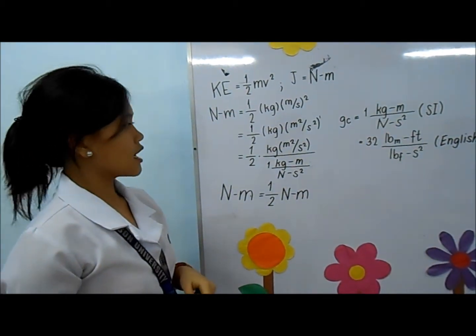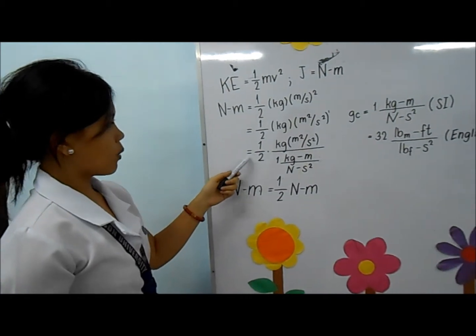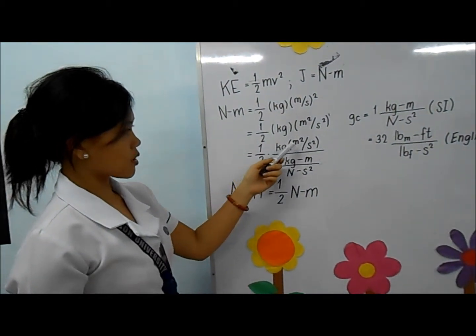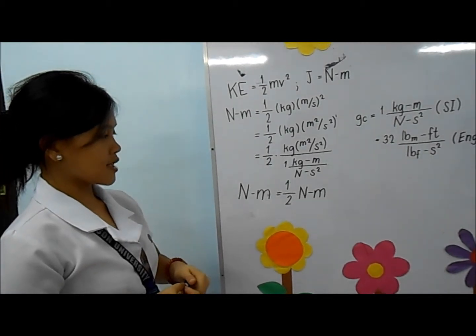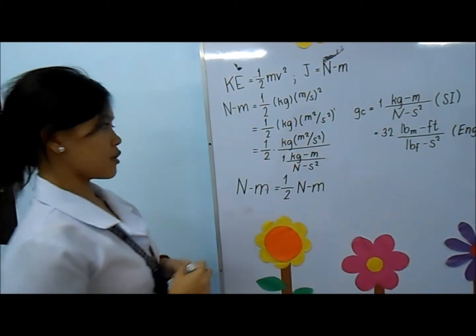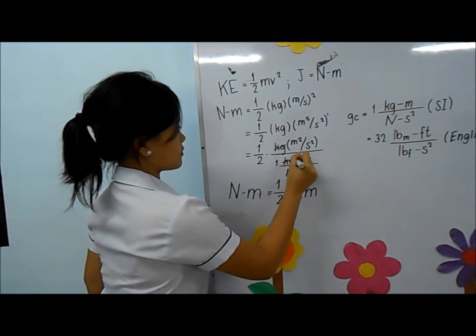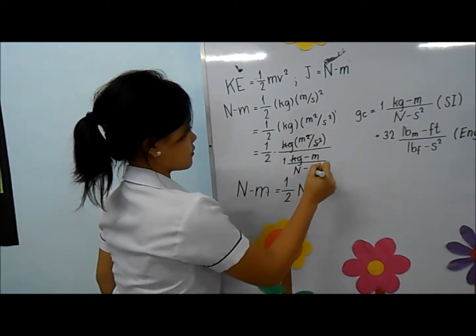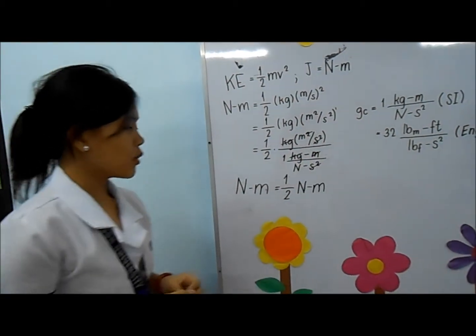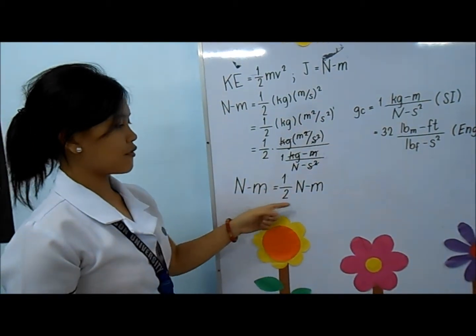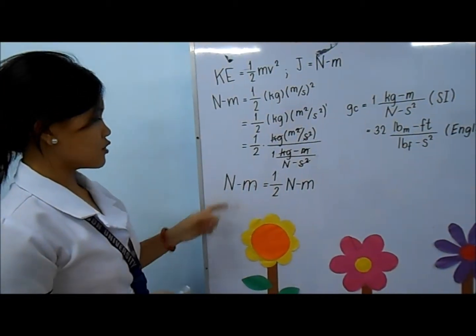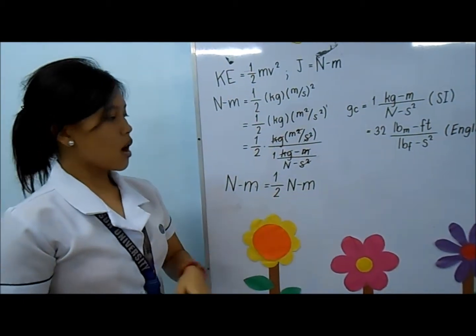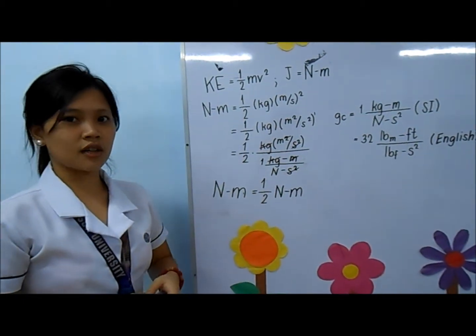Plotting it into our formula, we get 1/2 times kilogram meter squared per second squared all over 1 kilogram meter per Newton second squared. Cancelling the units, we arrive at 1/2 Newton meter. Disregarding the constants, we have Newton meter equals Newton meter, which makes the equation dimensionally homogeneous.